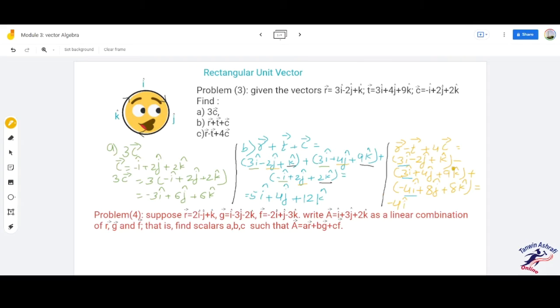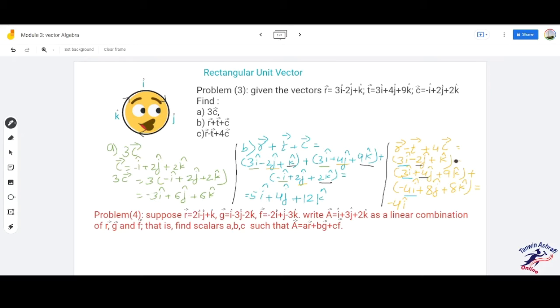Since there is a minus sign in R minus T, we have to multiply this minus sign inside the T components. Then minus 2j minus 4j. Why is the minus coming?